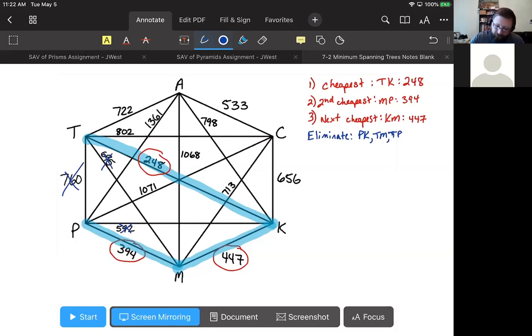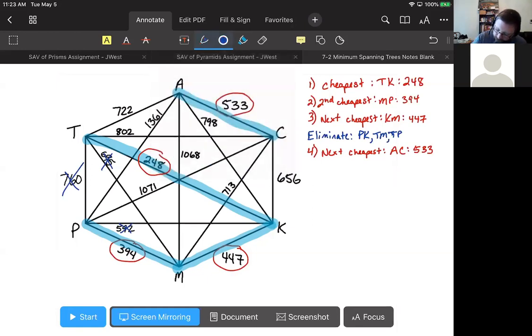So now we would pick the next cheapest edge. We look at the numbers that are not crossed out, and the next cheapest edge is AC at 533. Okay, AC is not connected to our other piece yet, so picking it will not cause any eliminations.